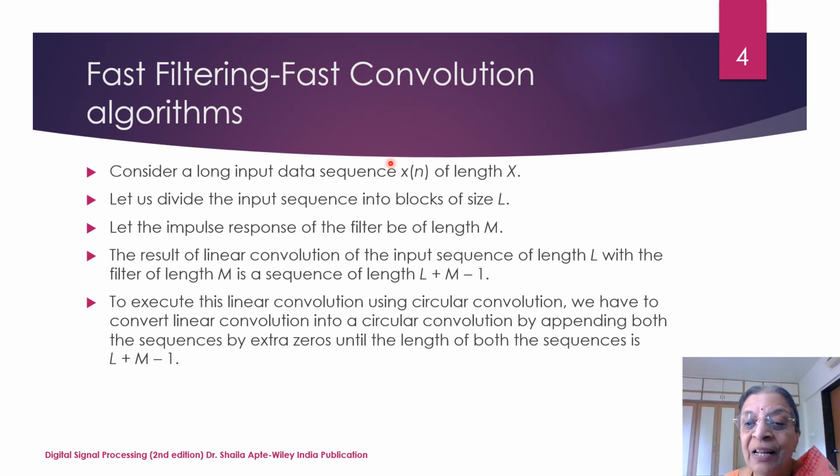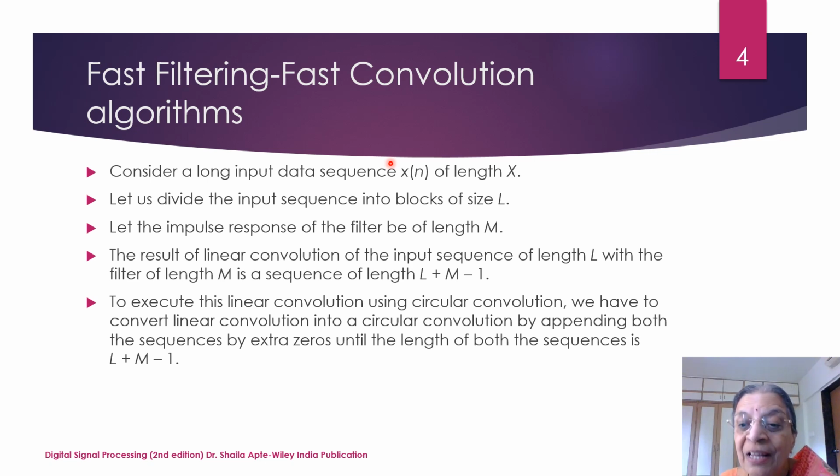Now, when I take the input data, which is a large number of samples, and divide it into small chunks, the convolution of a segment of length L with the impulse response of length M will generate L plus M minus 1 samples. So every data segment will generate L plus M minus 1 samples.